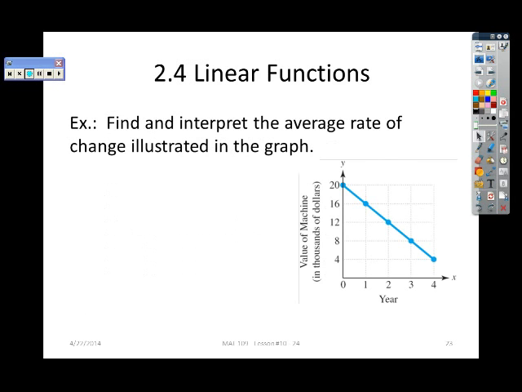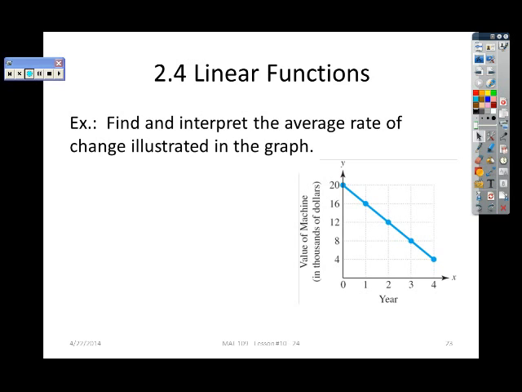For instance, here's a graph. When you're doing this, you need to read what the axes mean. This horizontal axis is years after something. So how many years after something? It started at 0 years after and goes up 1 year at a time.